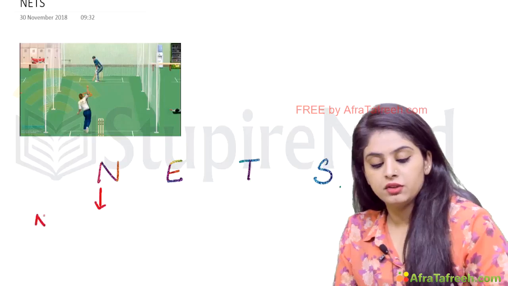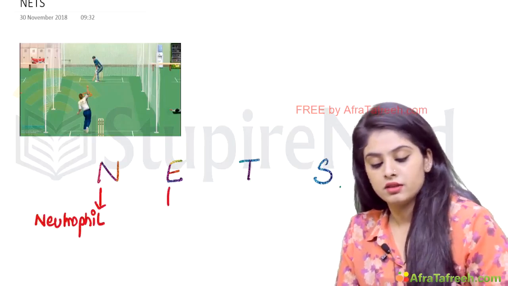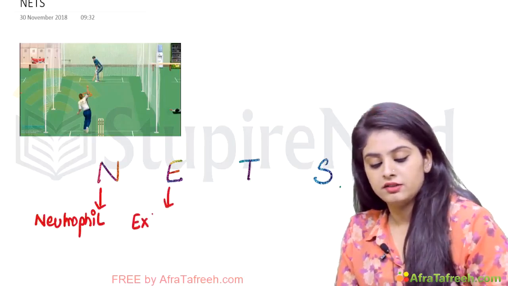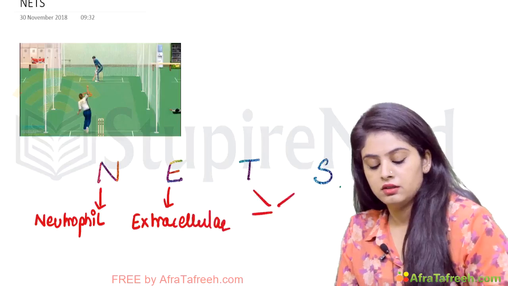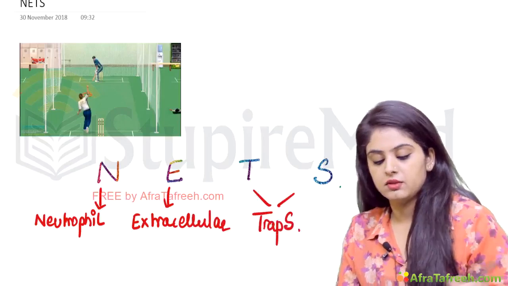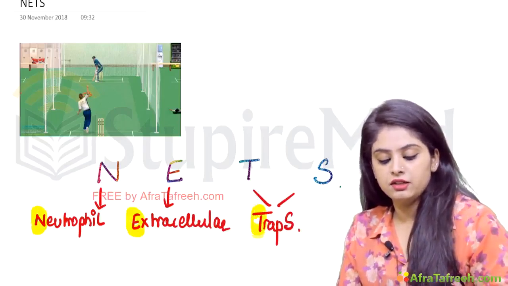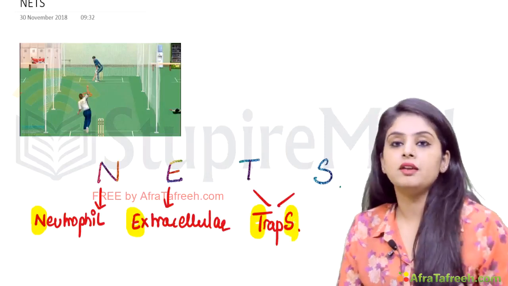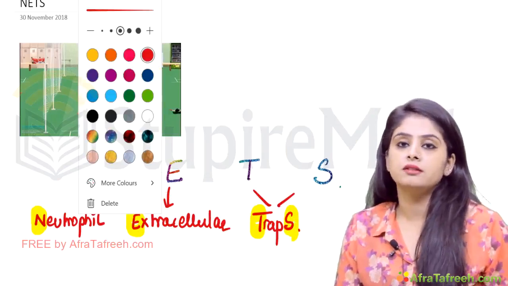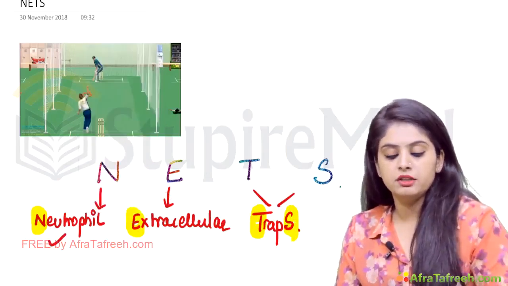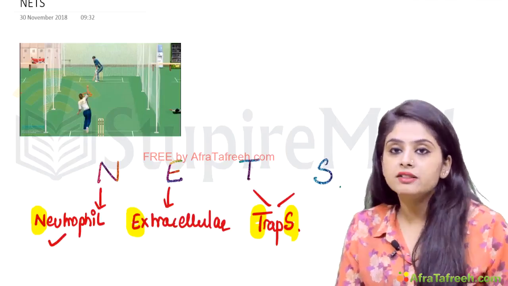If you know, you already know the entire mechanism of what is happening. So this stands for neutrophil extracellular traps. So NETs, N-E-T-S, neutrophil extracellular traps. If I ask you, what is the cell that will be involved in this type of killing? You know the answer. It will be a neutrophil. Will this killing be intracellular or extracellular?